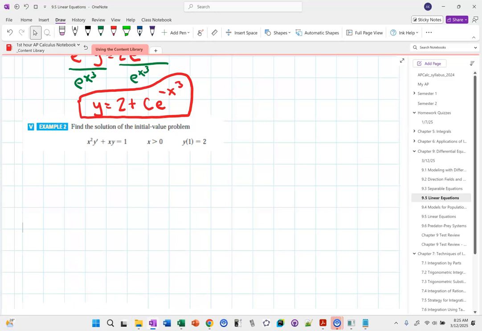So again, the first step is going to be to get it to look like a first order differential equation. So again, that form is this. Doesn't quite look like that the way it's written, right? So what do we need to do to get it to look in that form?